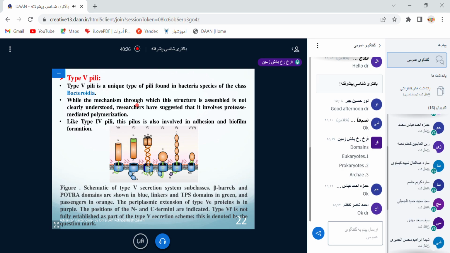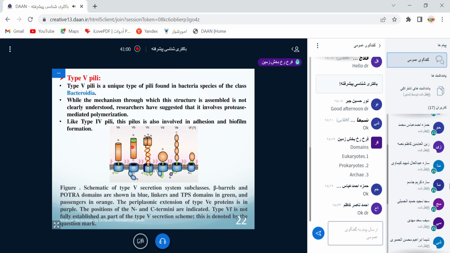While the mechanism through which this structure is assembled is not clearly understood, researchers have suggested that it involves protease-mediated polymerization. Like type 4 pilus, this pilus is also involved in adhesion, as well as biofilm formation.